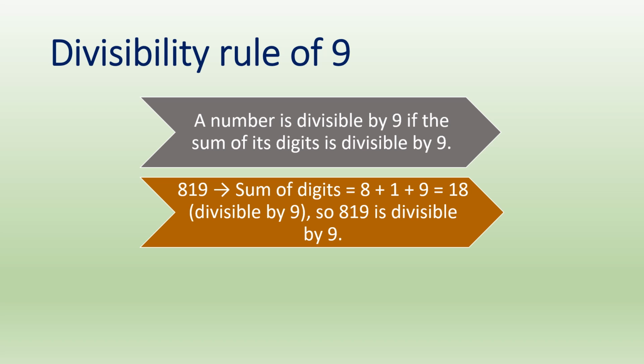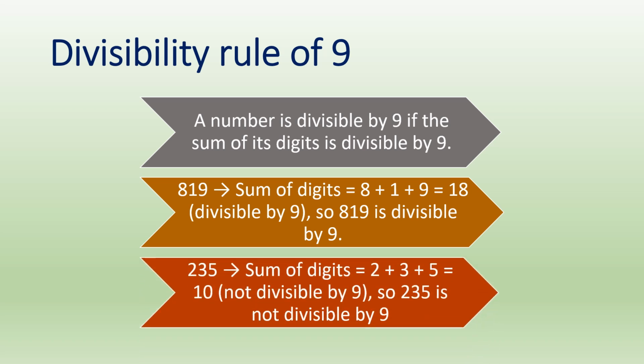The sum of digits 8 plus 1 plus 9 equals 18. 18 is divisible by 9. So 819 is divisible by 9. Another example, 235. The sum of digits is 2 plus 3 plus 5 equals 10, which is not divisible by 9. So 235 is not divisible by 9.